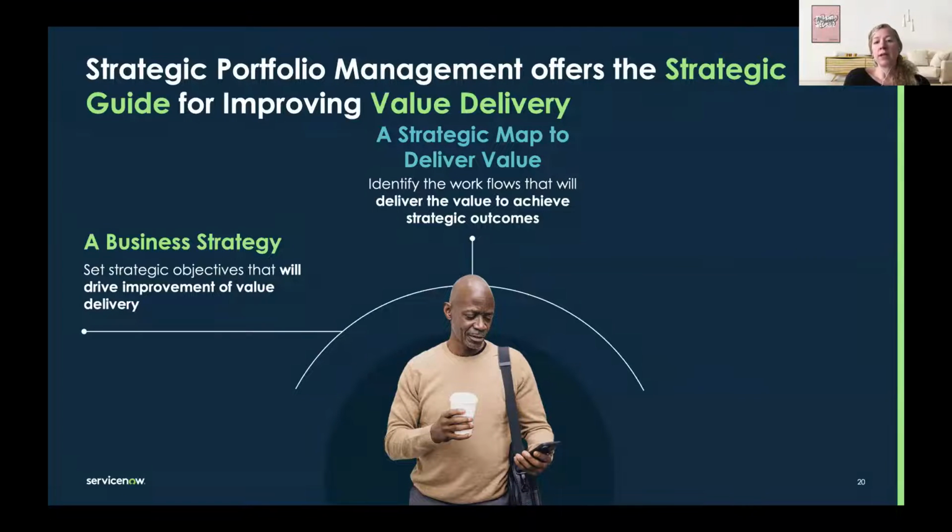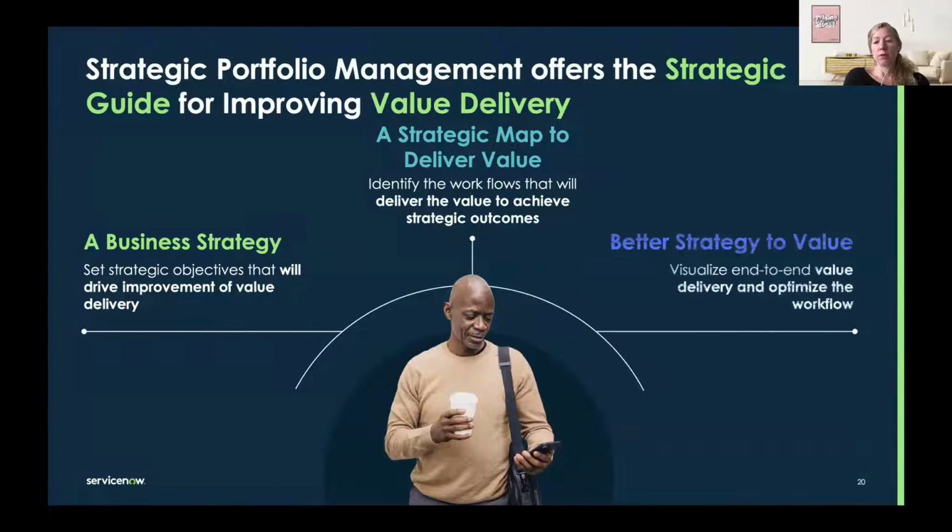And we want to create that strategic map to help ensure that you understand the current state of those processes and what the to-be processes should look like. That's the result of the work that you're investing in within your portfolio, which is where I think sometimes the CFO comes in, right? They're the ones that ultimately will approve and fund that portfolio. And we want to be able to visualize that end-to-end value delivery and help you optimize the workflow.